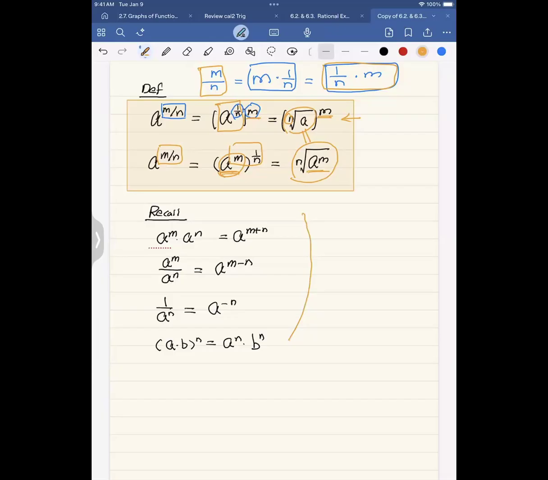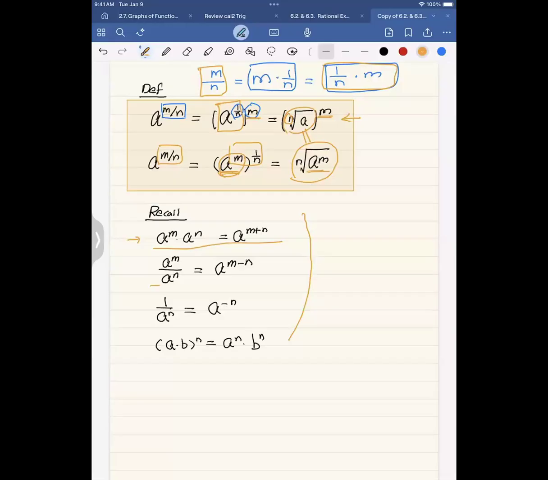We assumed that those numbers m and n are integers, but in this section, we don't assume that m and n are integers. We just assume that those are real numbers, but the formulas go through in the same way. A to the m power times a to the n power is a to the m plus n power.